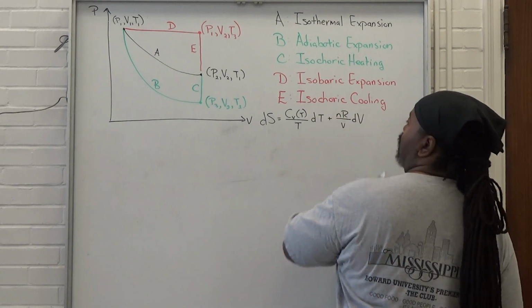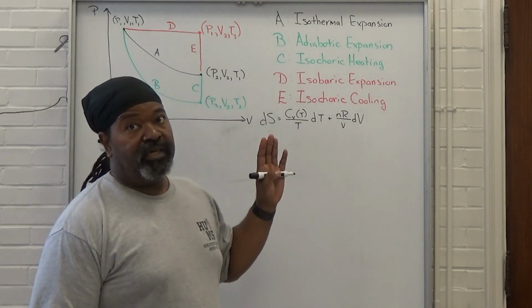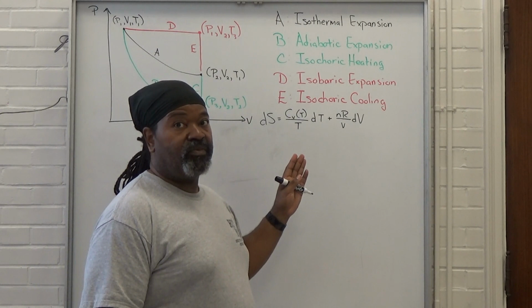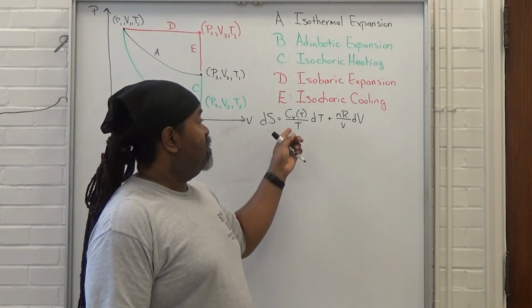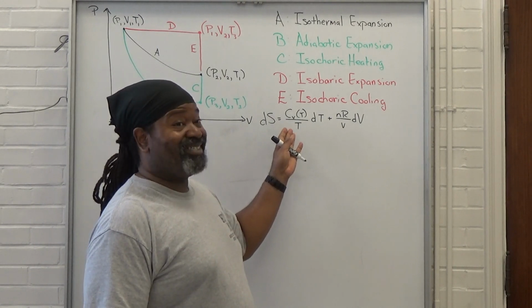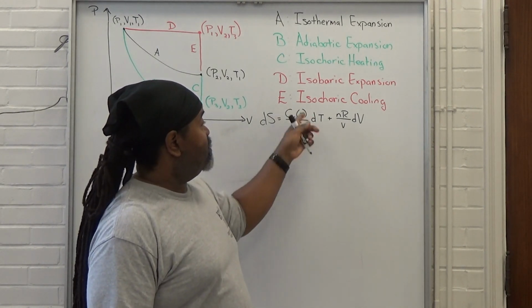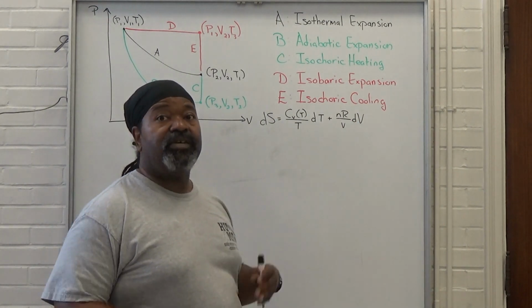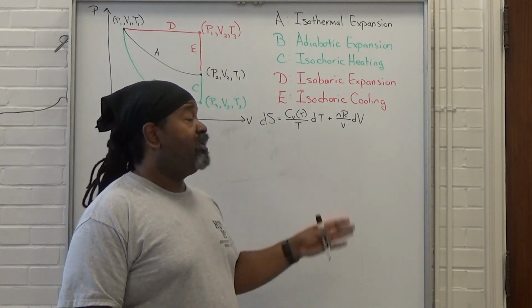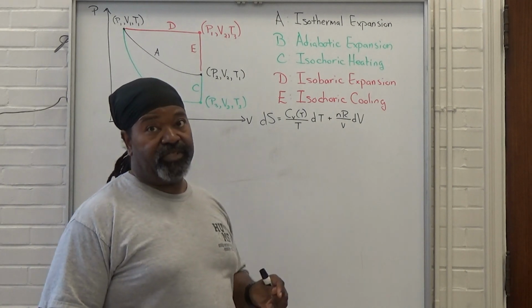If you've watched the video on mathematical proof of path independence, you'll see that this is a total differential that works out to be an exact differential, because we have a function of T dT plus a function of V dV. So entropy is a function of temperature and volume, and it comes out to an exact differential.